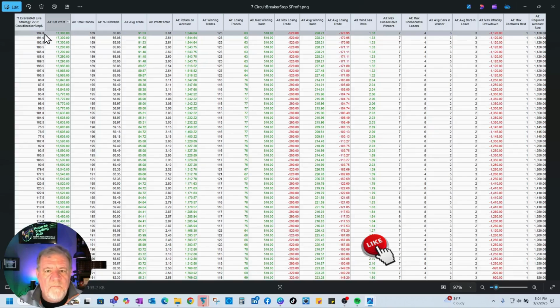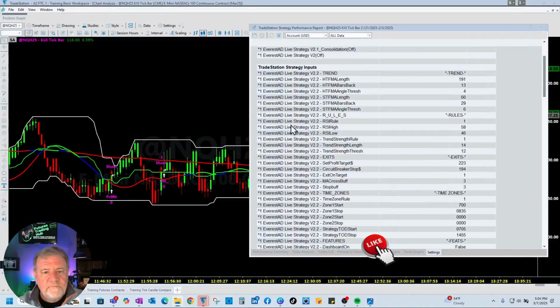We know that my hard stop is always at the bottom of the Donchian channel or the top of the Donchian channel, depending which direction I'm going. We remember that, right? Well, I'm going to get out at $194 or that stop, whichever is hit first, right? I'm just saying I don't want to lose more than $194. That's just it. Okay?